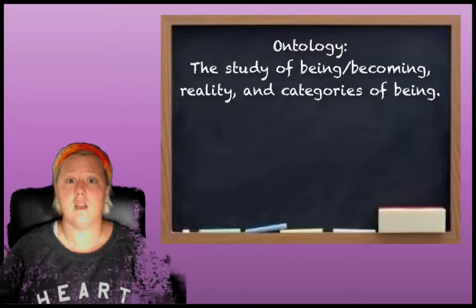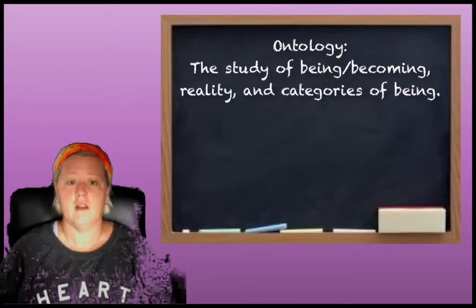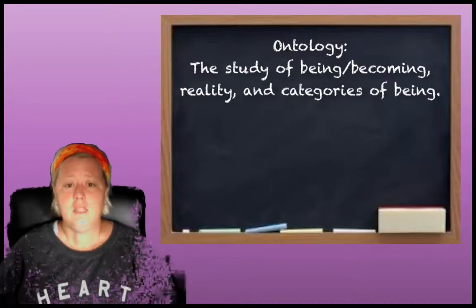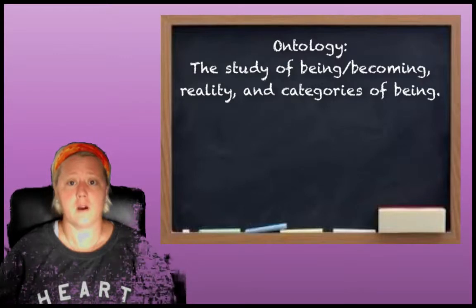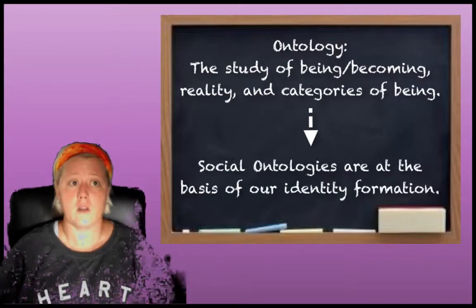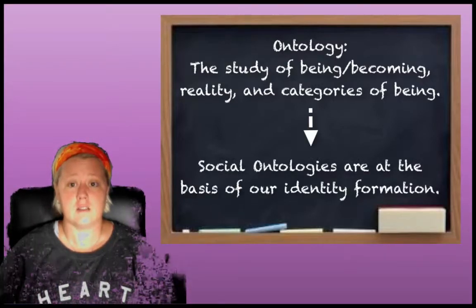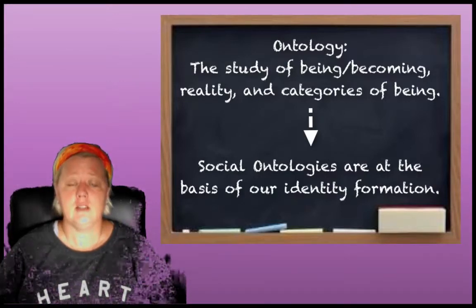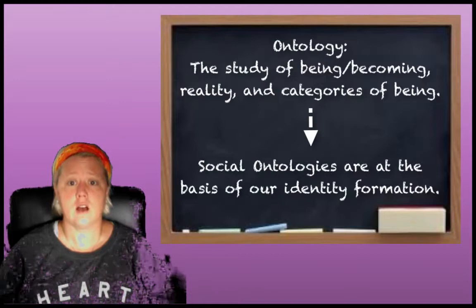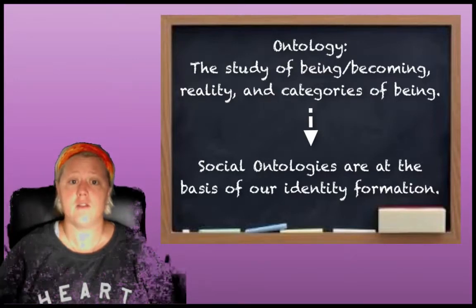What is it to be? What is it to be a woman? And the fact that being a woman is at the very basis of the way in which we form our identities, who we are, what kind of agency we exercise, to what degree we internalize oppression. We need to change our social ontology in order to undermine gender oppression.